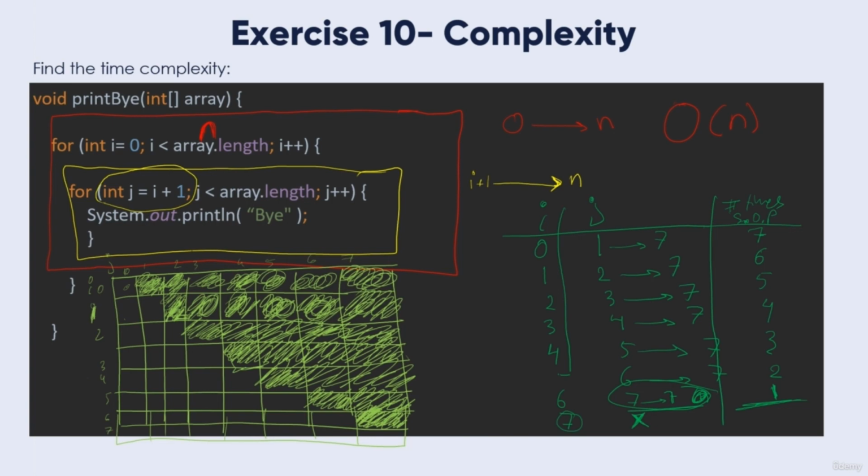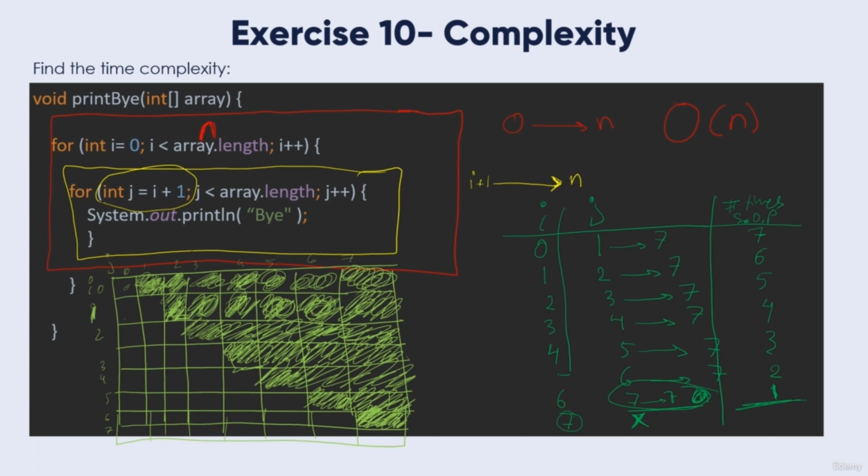But here we are doing a very different pattern. Only the cells that we have colored are being executed. We are following a pattern where i equal to 0, j is equal to 1, so j is always increased by 1 over i.